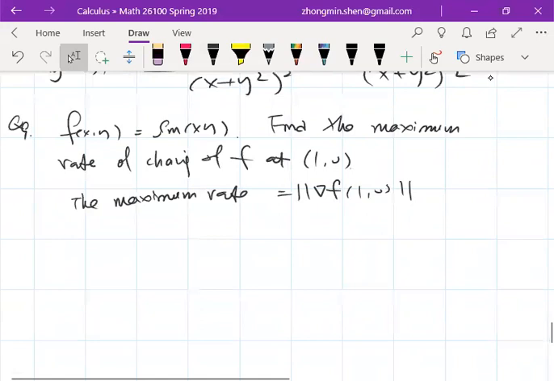So the motivation is to find the derivative, right? Otherwise, you don't know why you have to do that.